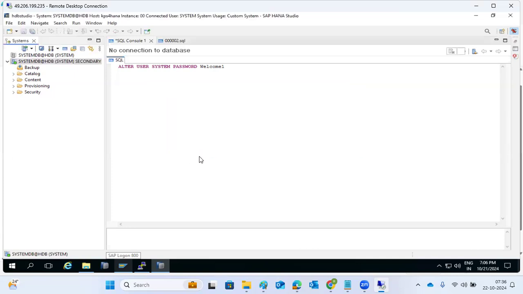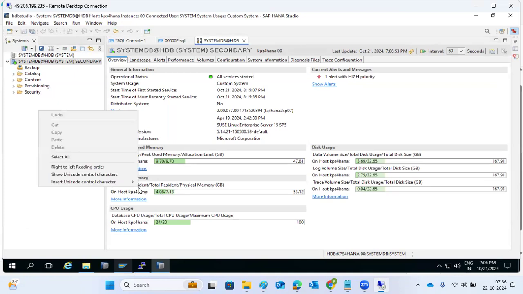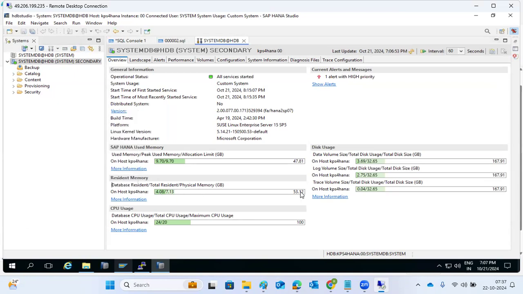We need to reset the statistics here, so this will show some more memory here. There is an option to reset these graphs, right? But here you can just refer to this one, and that will give you the information. Why? Because resident memory means the OS level also occupies it here.